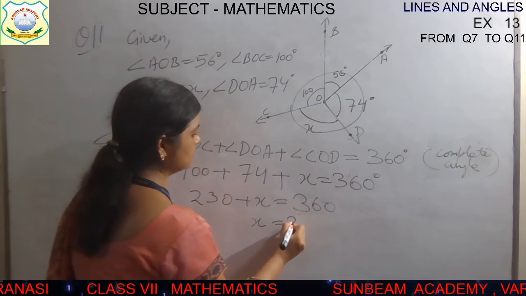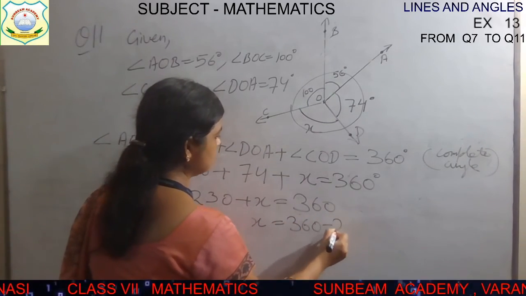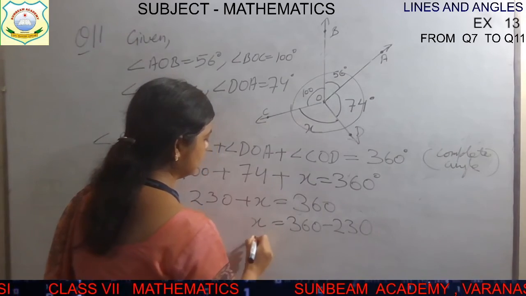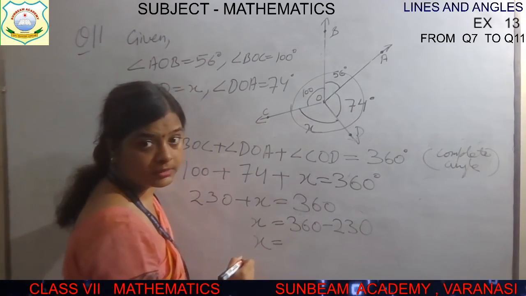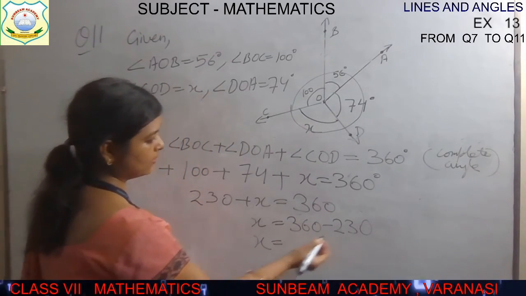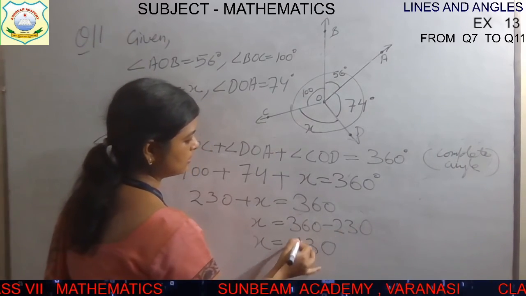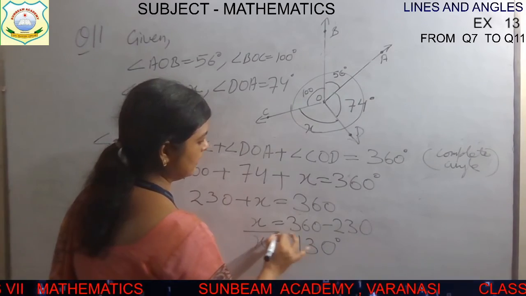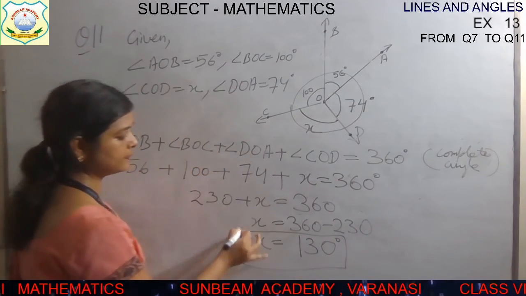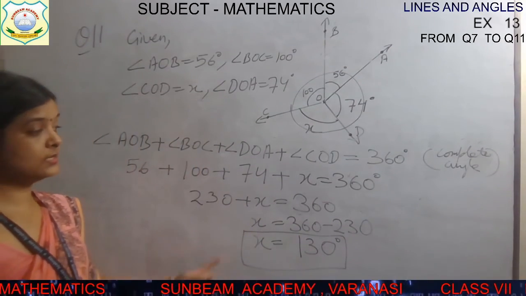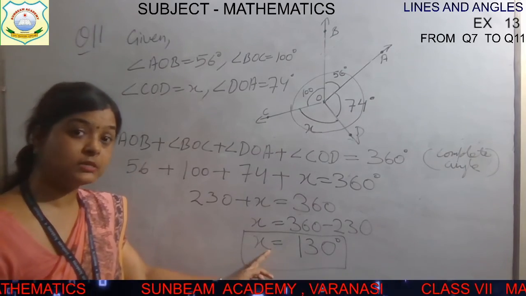X is equal to 360 degree minus 230 degree. What will be the answer? Is it visible? Yes, 360. Now subtract it, children. 0. 6 minus 3 is 3. 3 minus 2 is 1. 130 degree.